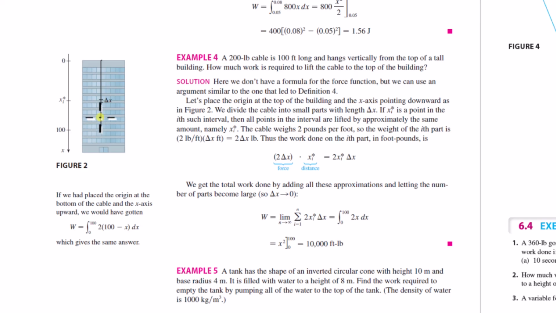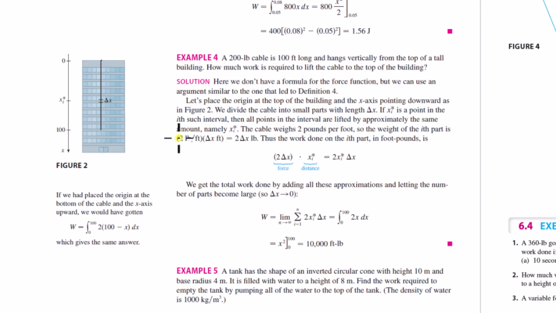So for each of those 10 pieces, what's the work done to pull that piece to the top of the building? If you divide 200 by 100, you get 2 pounds per foot. So 2 times the width delta x of those pieces is the weight of that piece.